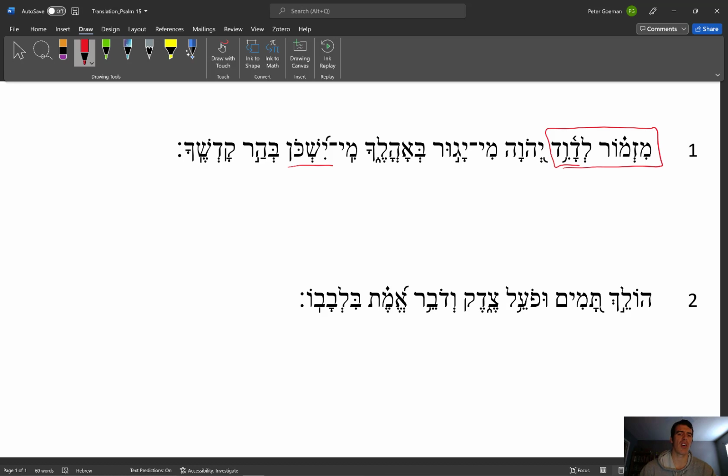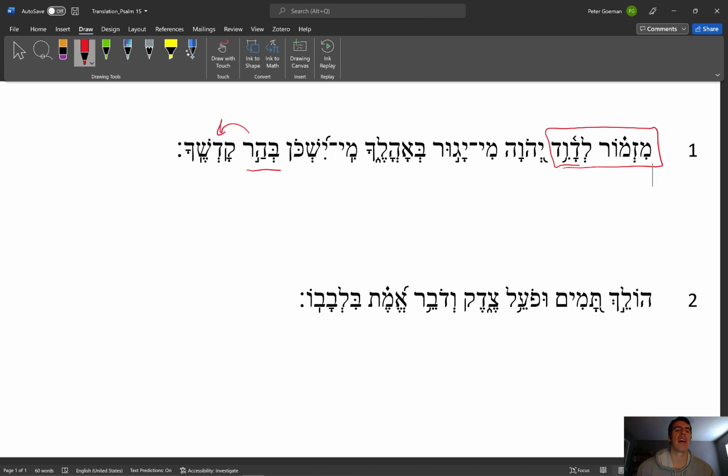It's a Qal imperfect 3ms. Who can dwell? Bahar, in the hill of, so this is in construct here, Bahar, in the hill of Kodshecha. Who can dwell in the hill of your holiness is how we would translate that.